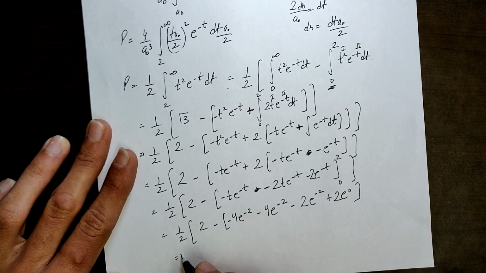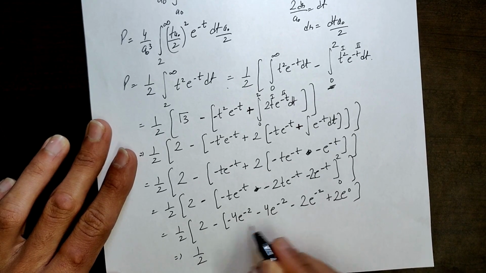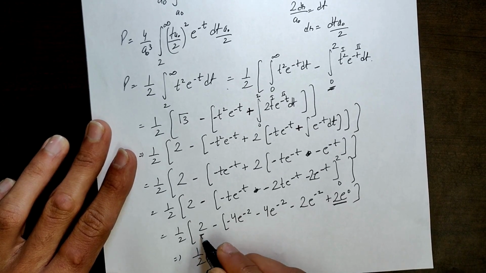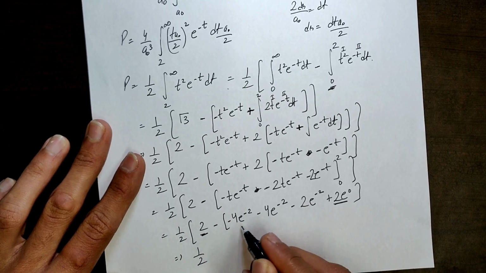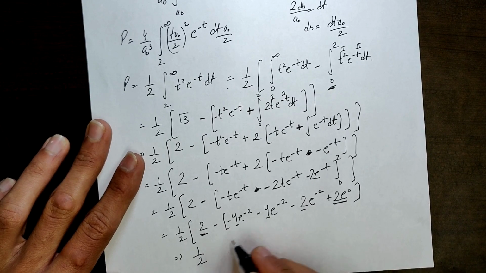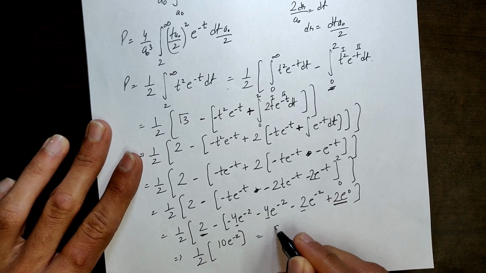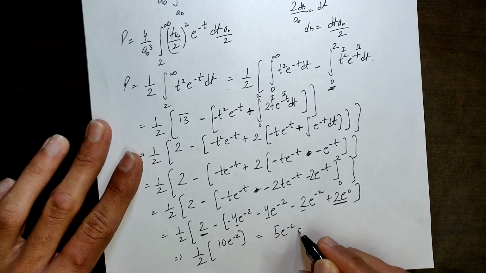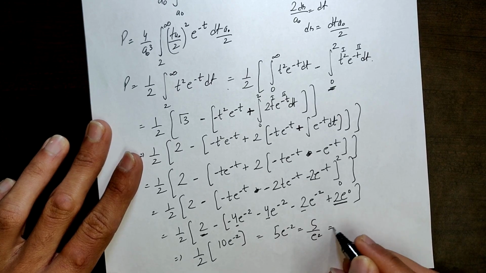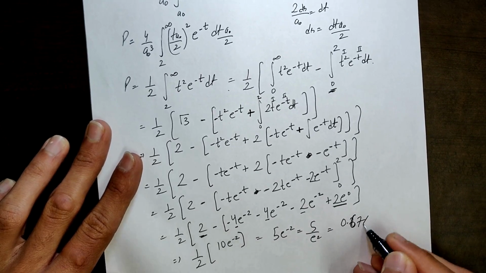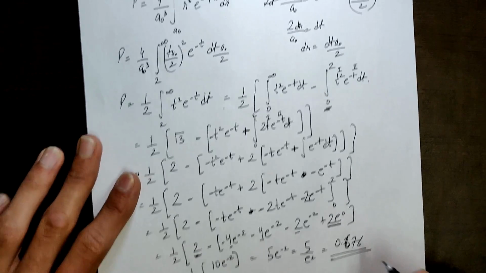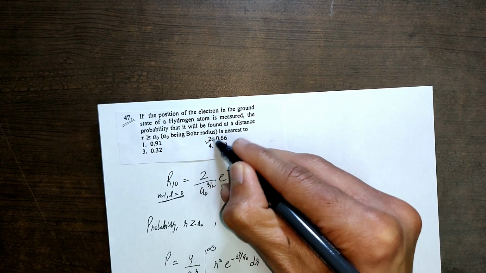So half, this is 2, this is 2, this would cancel and all terms would become positive, and 4 plus this would be 10 e raised to power minus 2. So this will be 5 e raised to power minus 2. 5 by e square is 0.676. So out of these options, the second would be the closest.